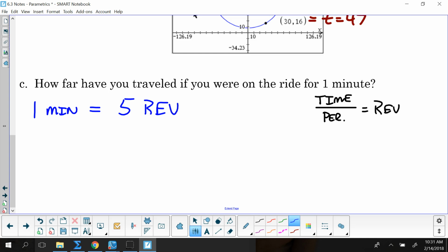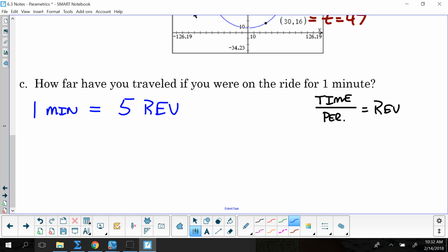Logic tells me that my gondola is on the outside of that circle, or of the Ferris wheel, I should say. And as I go around, that makes a circle. Well, how far do I travel in 1 revolution?